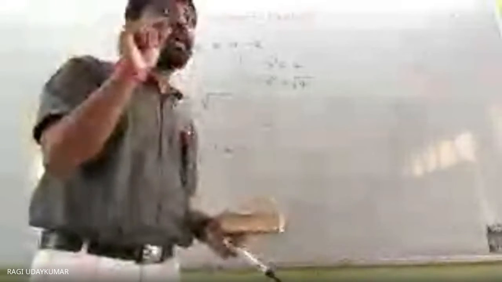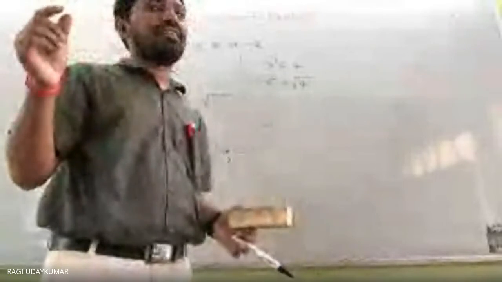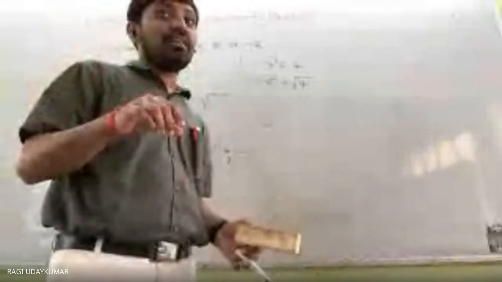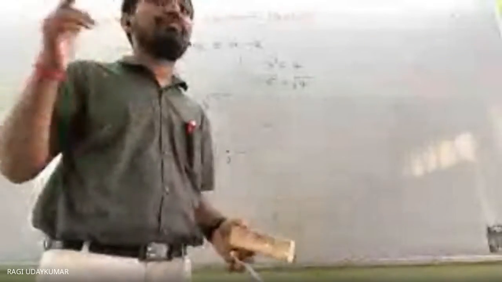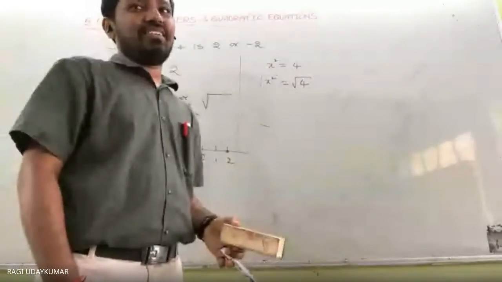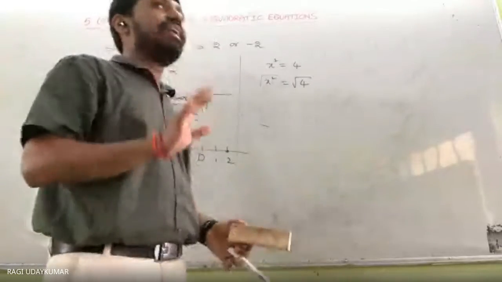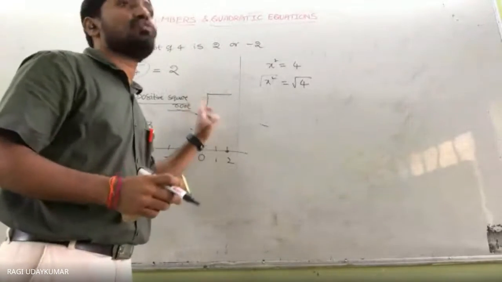Under that it is given that the term square root of -3 is √3i. I will explain i later. Again, the symbol square root of -3 represents only plus √3i. That means whenever the symbol is used, it represents the positive square root.